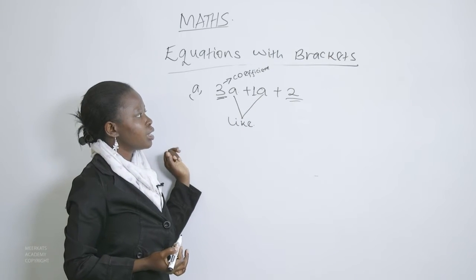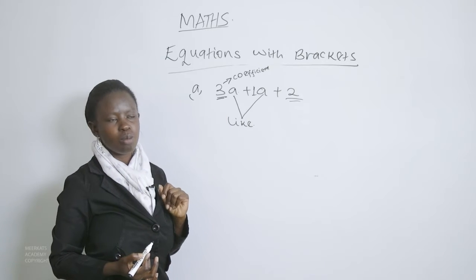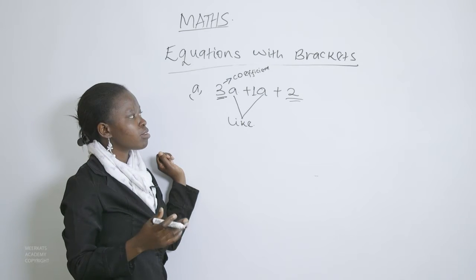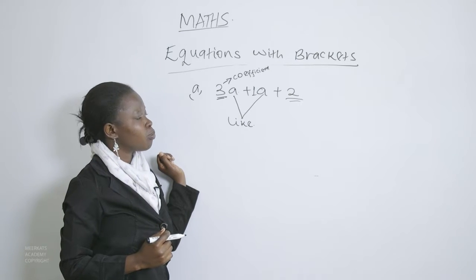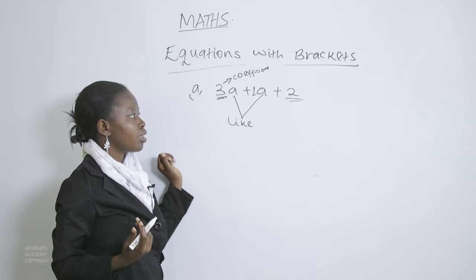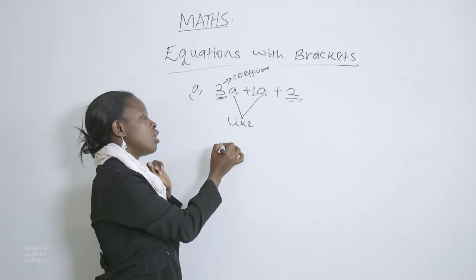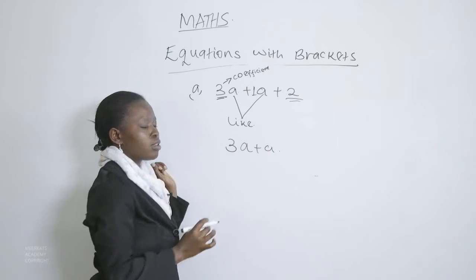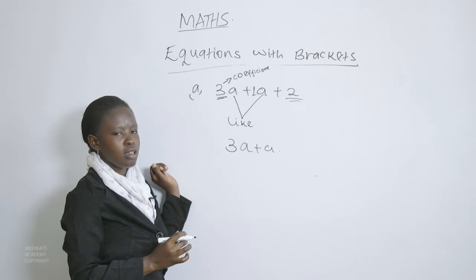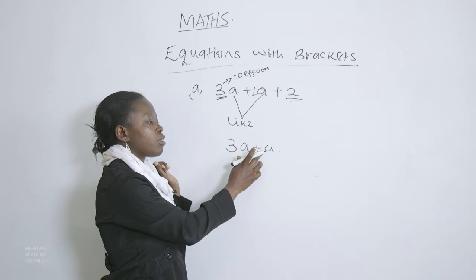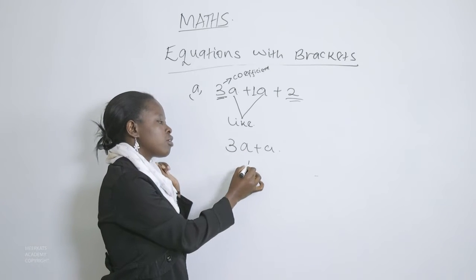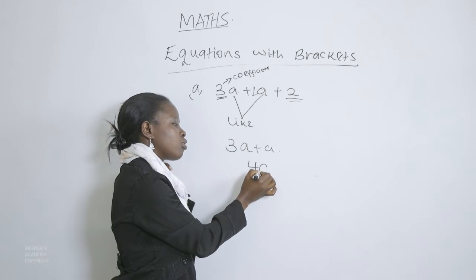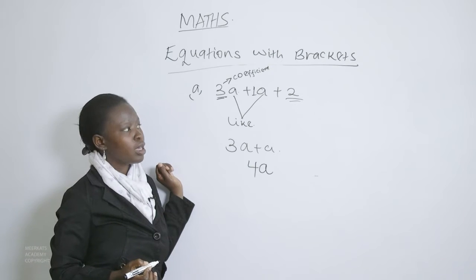So when we are adding terms that have pronumerals, we simply add the coefficients of those given terms, then we write the pronumeral after the digit that has been obtained. So we have 3a plus a, and the coefficient of a is 1. So we simply have 3 plus 1, and 3 plus 1 is 4. Then we remember that they had a pronumeral, so the solution will be 4a.